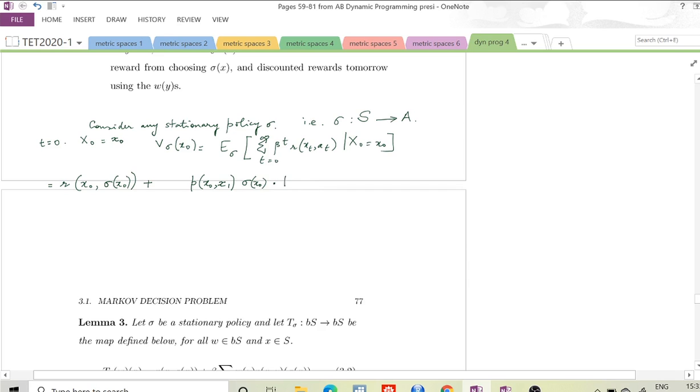So with this probability, I get the expectation, and now this is from tomorrow, the expectation under sigma of the following discounted present value. Like we've done many times earlier, let me change the notation of the index and call this beta raised to the s, r of x s, a s, given capital X1 is small x1, and time s begins at 1 and goes to infinity, right?